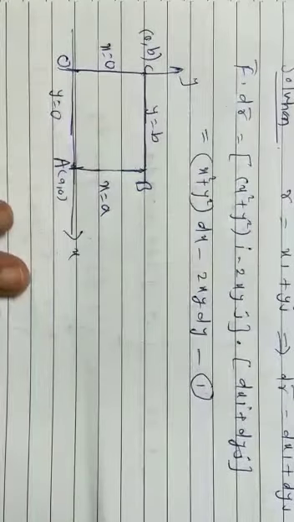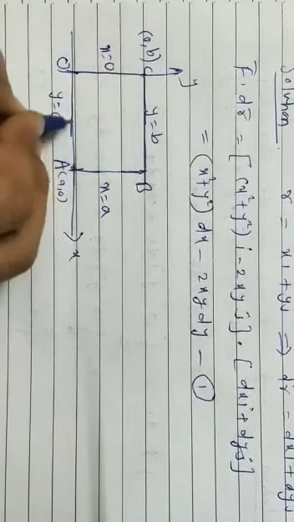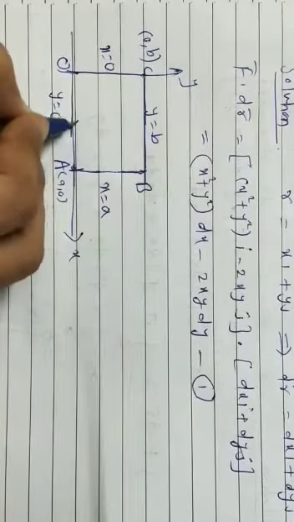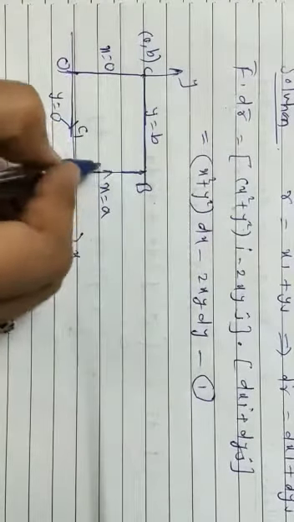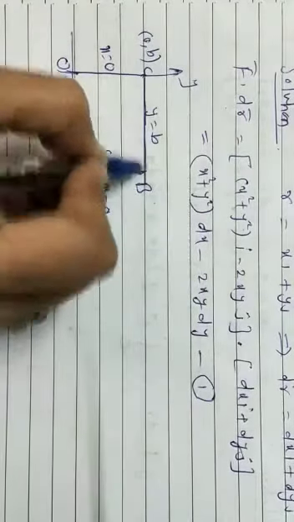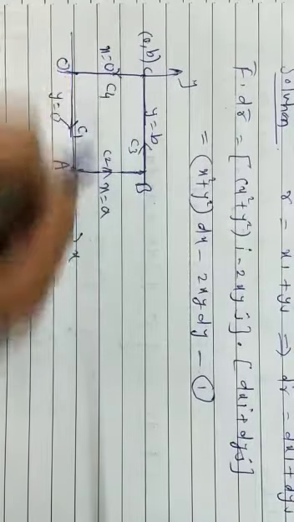Now see students what happens. This curve is divided in 4 parts. So for example, suppose in this direction 0 to A we are calling it C1, A to B we are calling it C2, B to C we are calling it C3 and then this is C4.